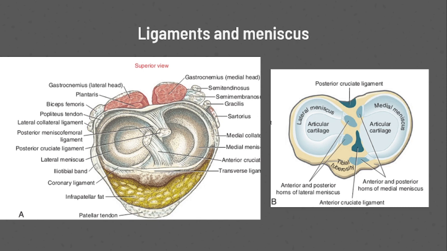There are two menisci, the medial meniscus and the lateral meniscus. The medial meniscus is C-shaped and less mobile.